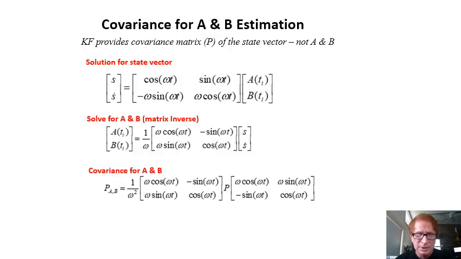But wait, the Kalman filter is providing a covariance matrix for a state vector which contains the signal S and the signal rate S dot, not the estimates for the A and B modulation factors. We need to estimate statistics for the A and B and not S and S dot. We show here the expression for the state vector in terms of the desired quantities A and B. We can solve for the A and B with a 2x2 matrix inverse as shown here.